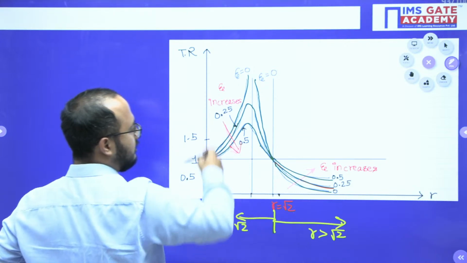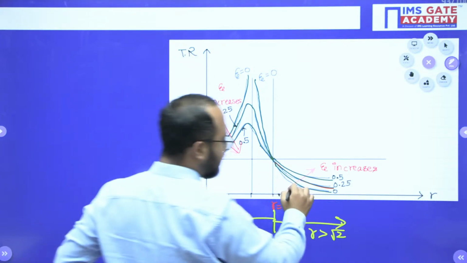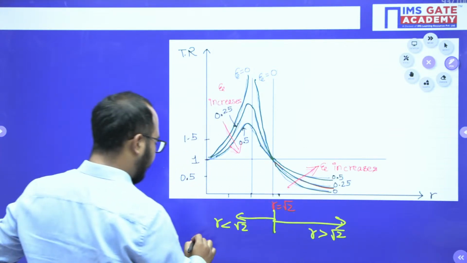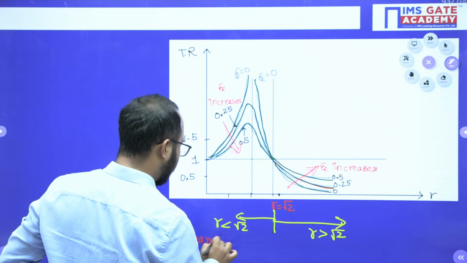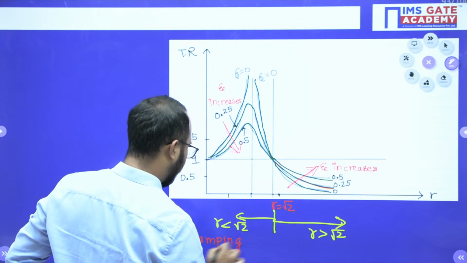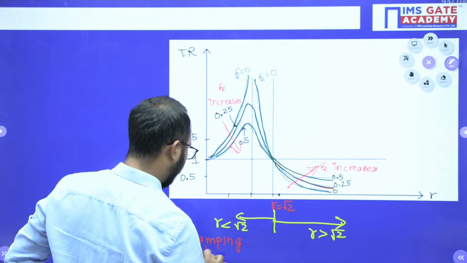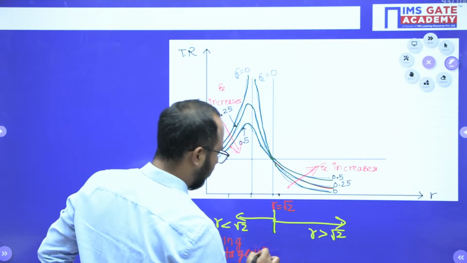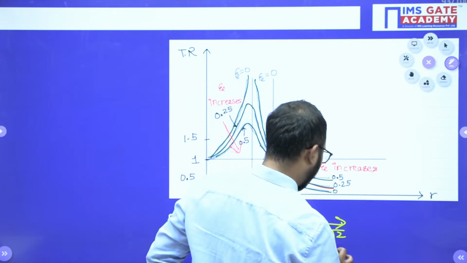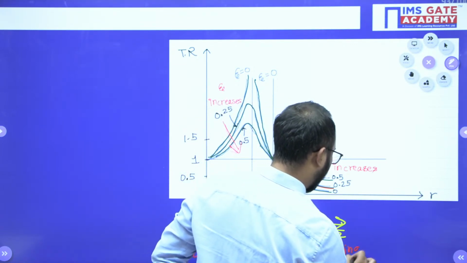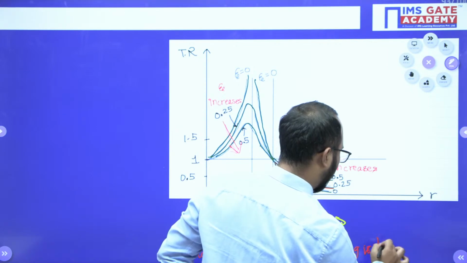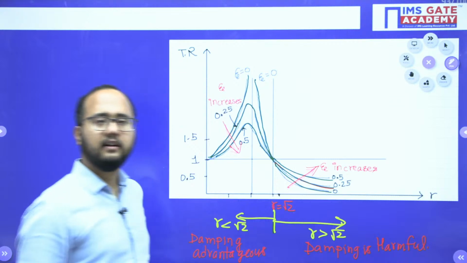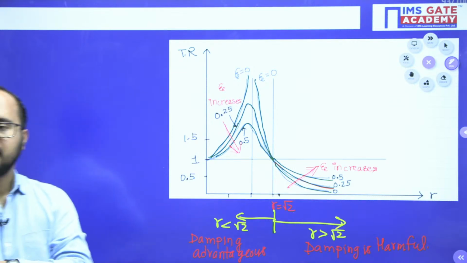The damping value increases like this in both cases. Here damping is advantageous, and here damping is detrimental, or we can say harmful also. Damping is harmful. Clear everyone?